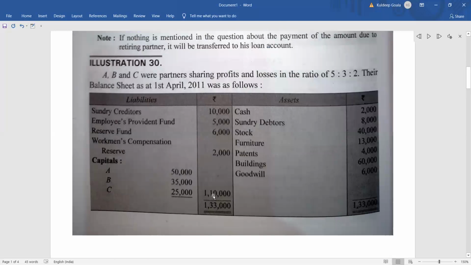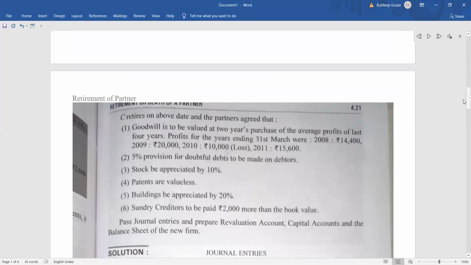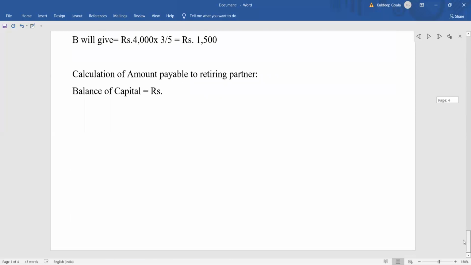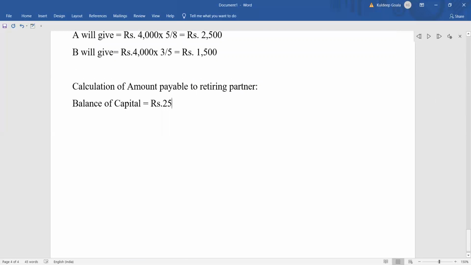We have 25,000, isn't it? We have 25,000 in the balance of capital. So 25,000 rupees. After that, we can remember that there was a transfer of reserve. So how much was the reserve? We'll find out that. Then again, there was a transfer of workman compensation fund or workman compensation reserve.